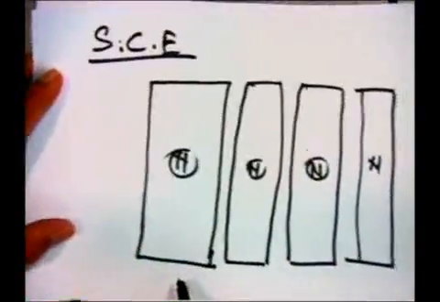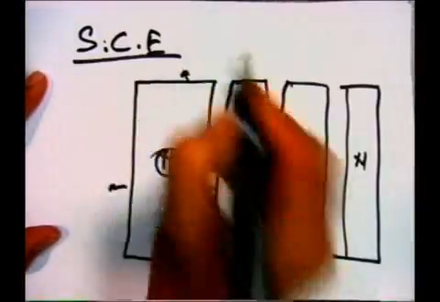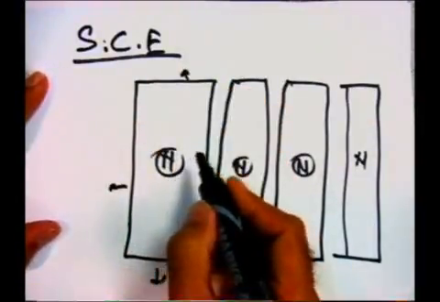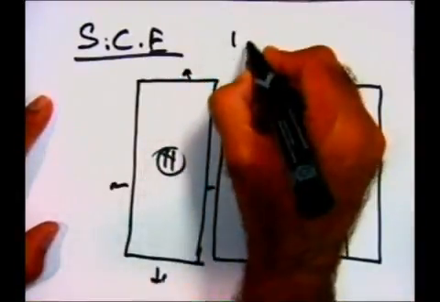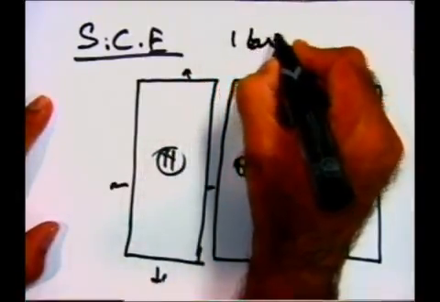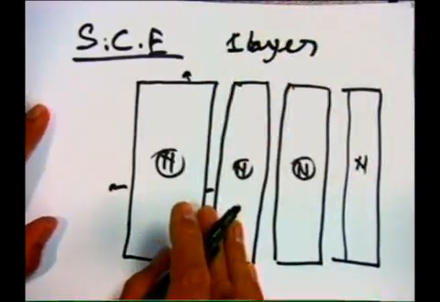Now you have the basal surface here, the lateral surface, and this is the free surface. We will see the modifications now. Simple means only one layer, a monolayer of cells.